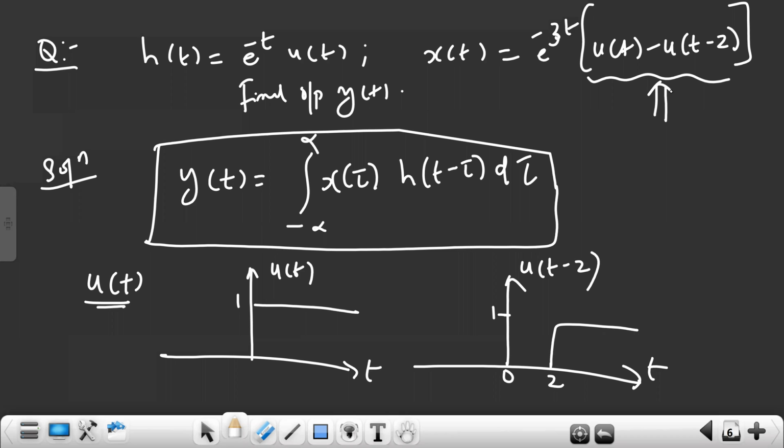Sai Kiran, after subtraction of u of t minus u of t minus 2, what will you get? Sai Kiran. Unmute your mic and tell me what you will get after subtracting u of t and u of t minus 2.